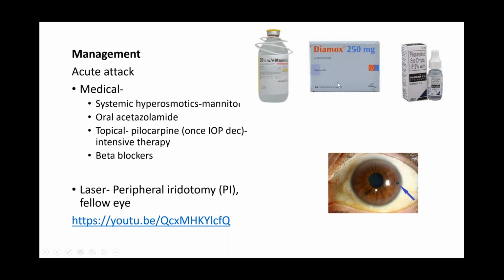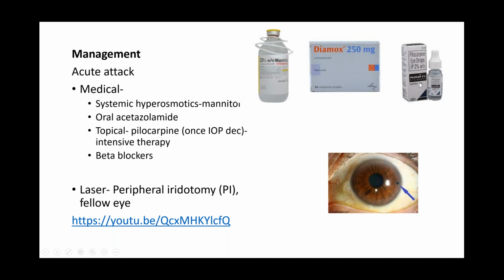Once the pressures are slightly controlled with this, the IOP starts to come down, and the sphincter becomes less ischemic and more responsive to therapy. So the drug of choice initially used to be pilocarpine 2% in acute angle closure glaucoma.